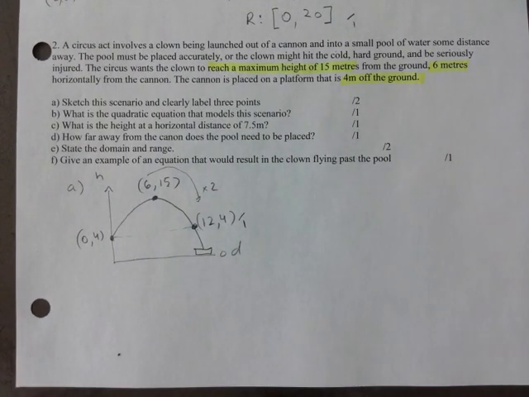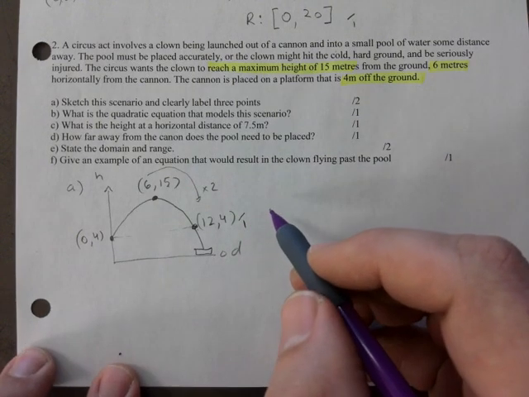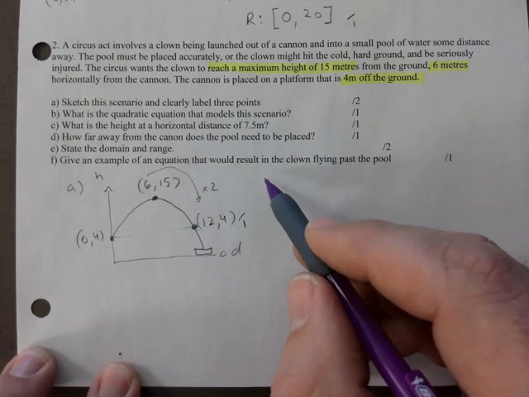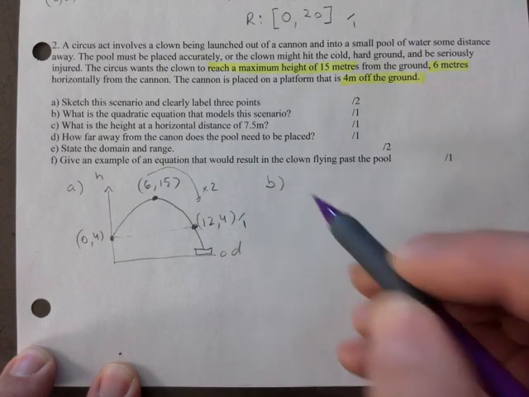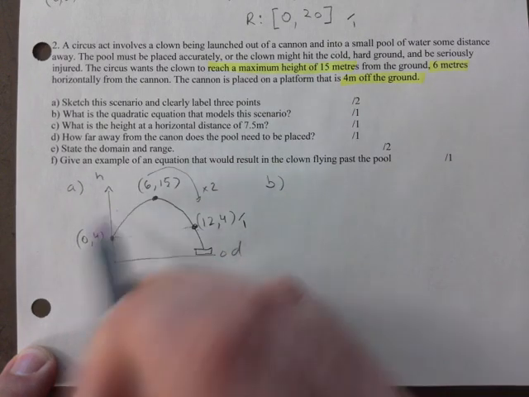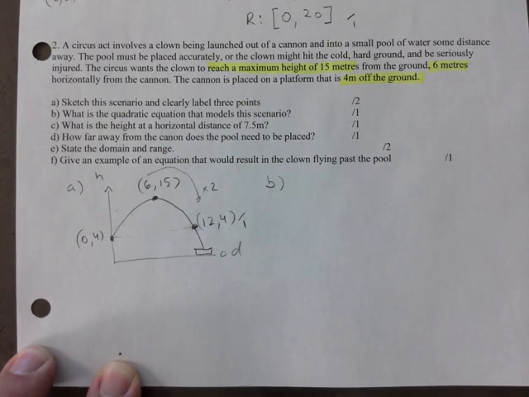Normally this is worth 1, and the quadratic is also worth 1, but I wanted to make sure we did this right. So B, what's a quadratic equation that models this scenario, that models distance over height? If I mention it that way, it shouldn't throw you off.